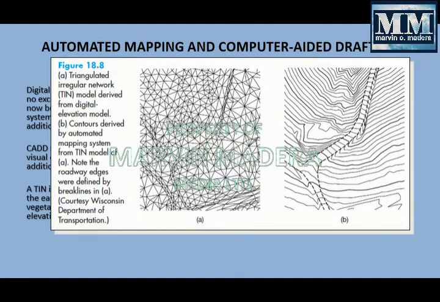So these two representations are preferable depending on the use. For rendering purposes the TIN model is more preferable, and for contour purposes automated mapping is used.